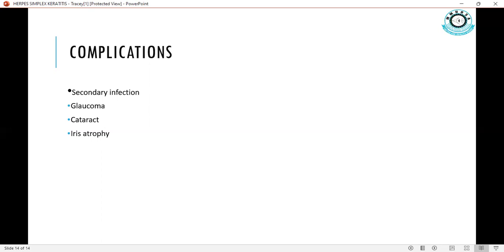The rise of IOPs is due to corneal thinning and distortion, so it may give a rise in the intraocular pressure.